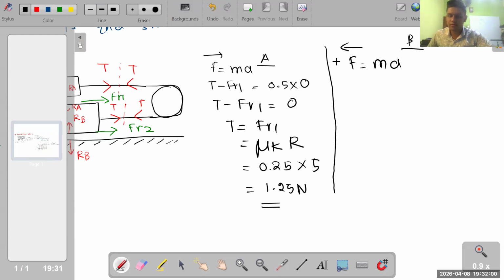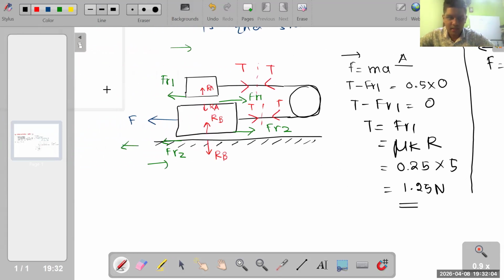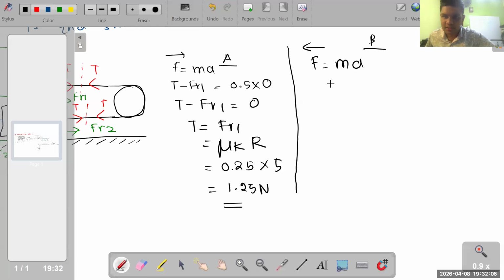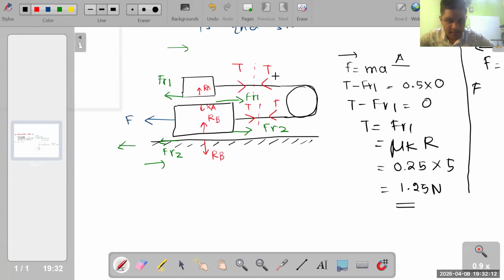So let's see what forces are acting on mass B. The force F is acting, which is the one we should find through this question. All other forces act in the opposite direction. Fr1 acts on the right direction, tension acts on the right direction, and the Fr2 frictional force acts on the right-hand direction.